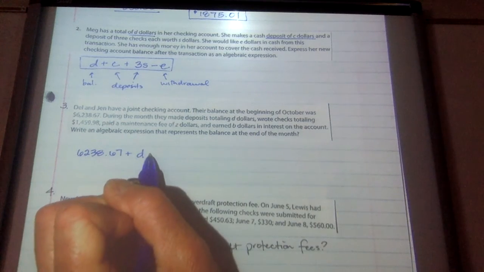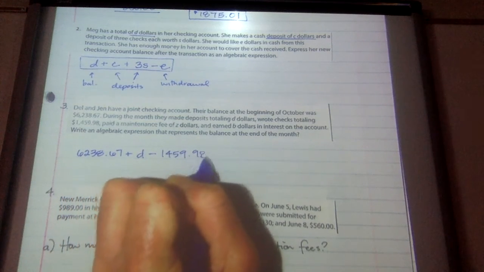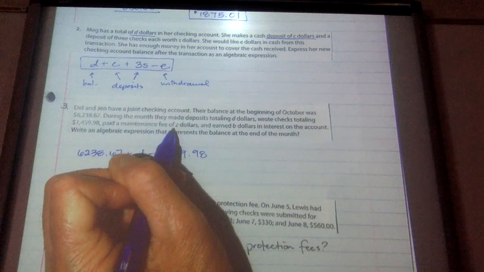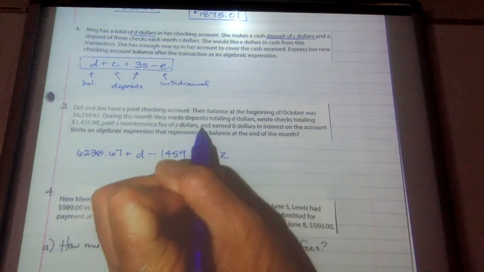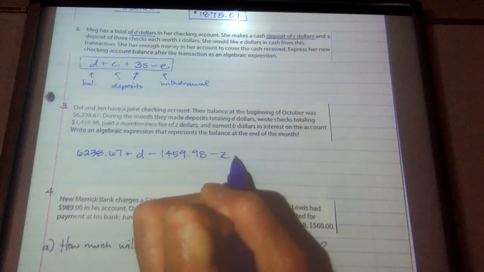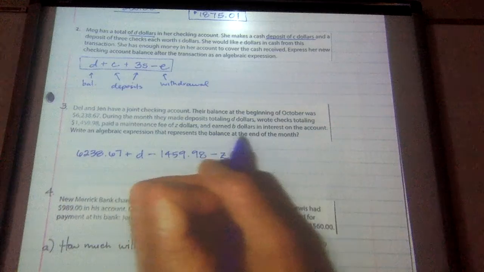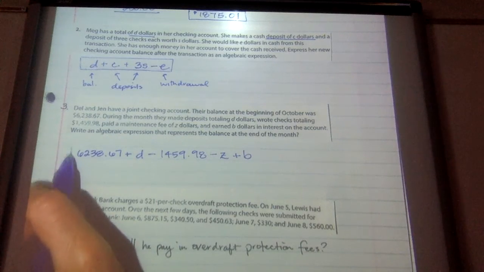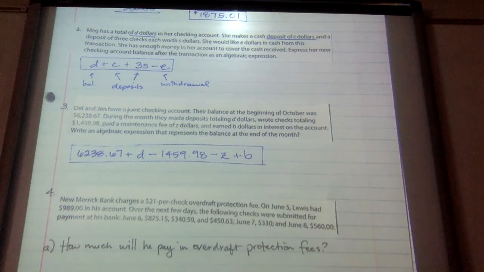Checks come out of our account, so minus $1459.98. She paid a maintenance fee. Okay, remember, payments are subtractions. And earned B dollars, so something you earned would be added. Write an algebraic expression that represents the balance. And so that would be your algebraic expression. Okay?